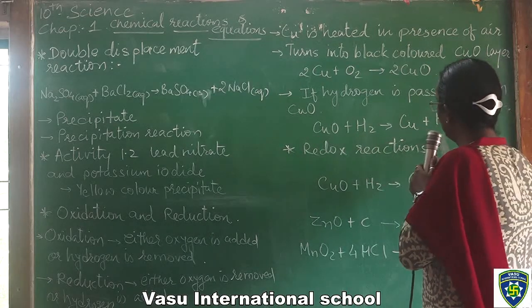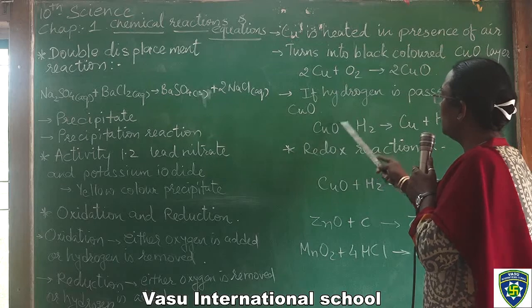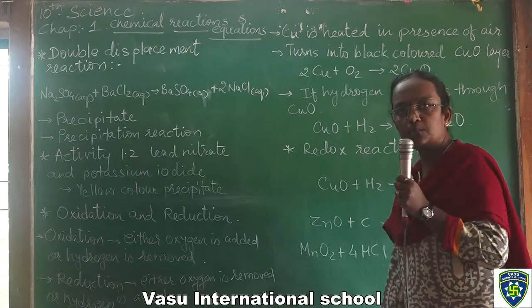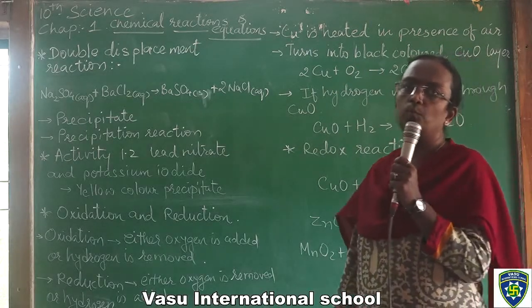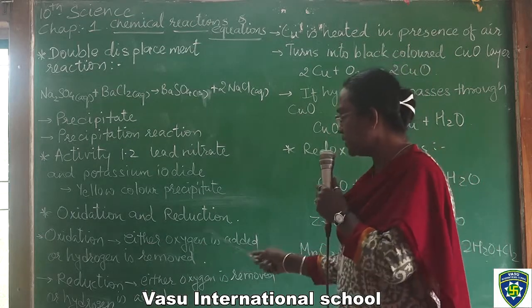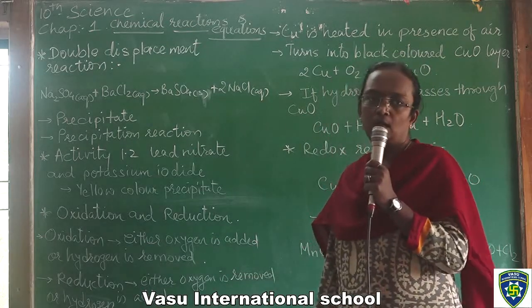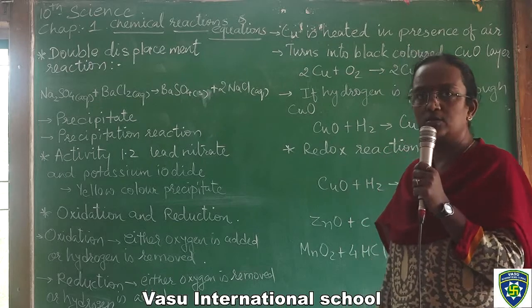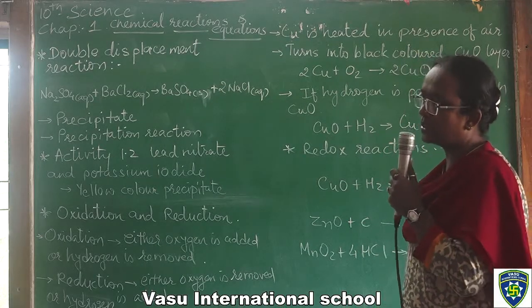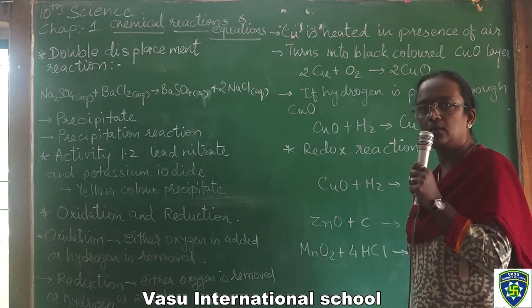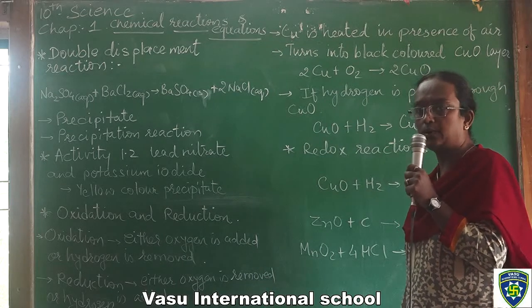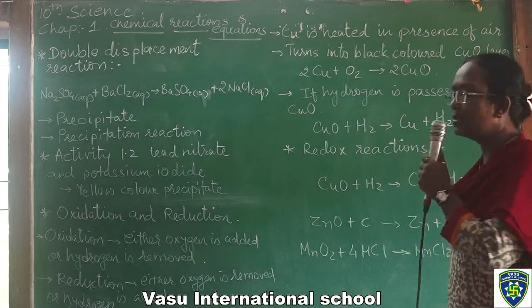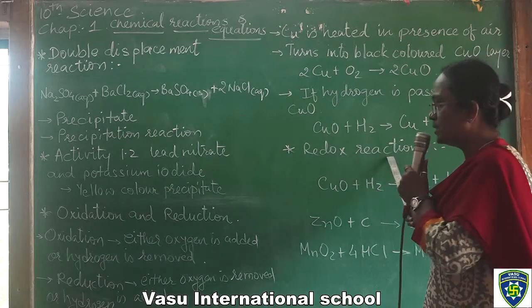In this reaction, oxygen is removed from copper oxide. Sometimes in some reactions, both situations happen: oxygen is removed and hydrogen is added, or oxygen is added and hydrogen is removed. Both are performing simultaneously. This type of reaction is called a redox reaction.